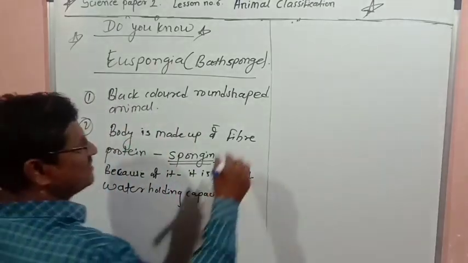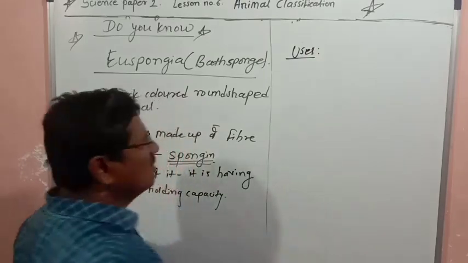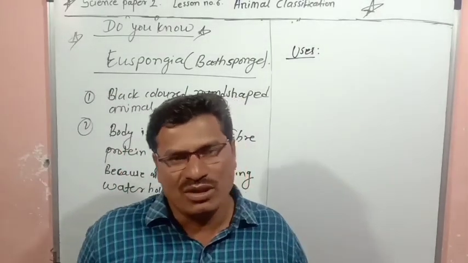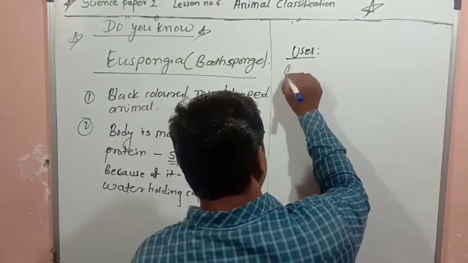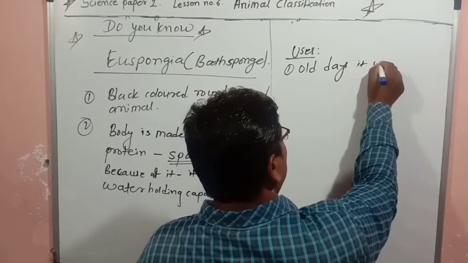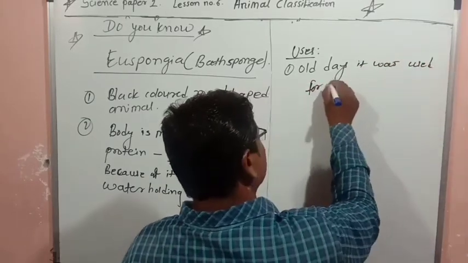The next thing is the uses of the bath sponge. First use: in old days it was used for bathing.